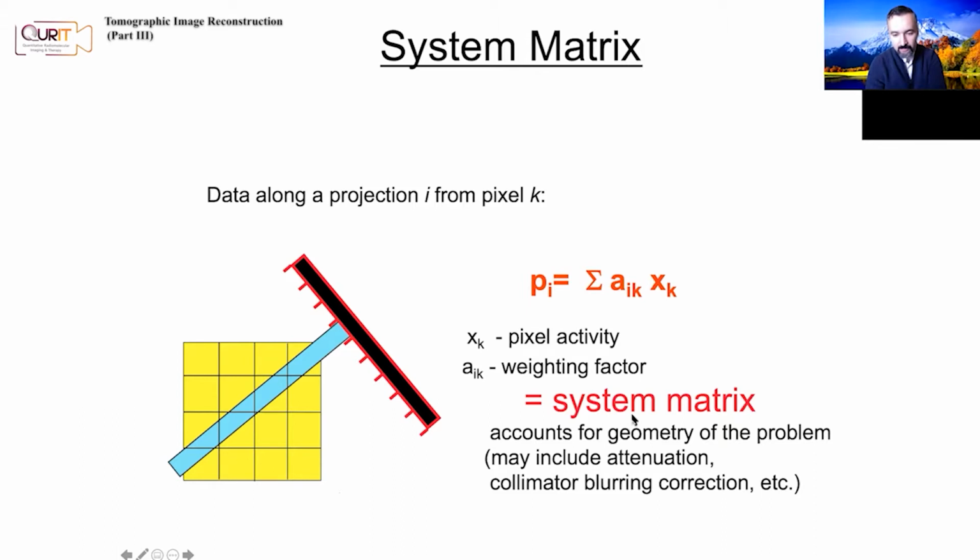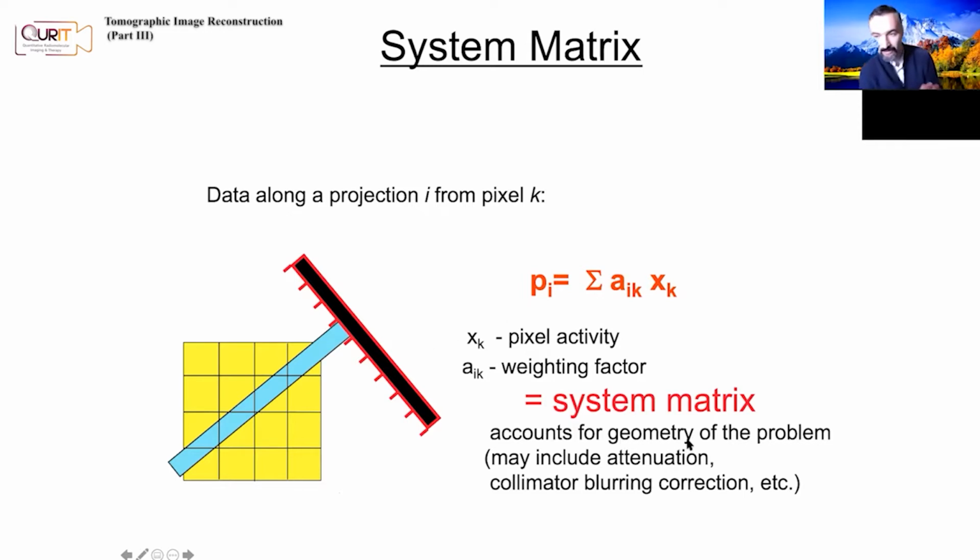The point here is a system matrix does not have to assume a perfect line integral. Often, the most simplified model is a line through the object, and you write it out like that. But technically, you could model blurring phenomena in it, and also other things. It accounts for the geometry of the problem, but because it's a probability of detection, you can also put attenuation here.